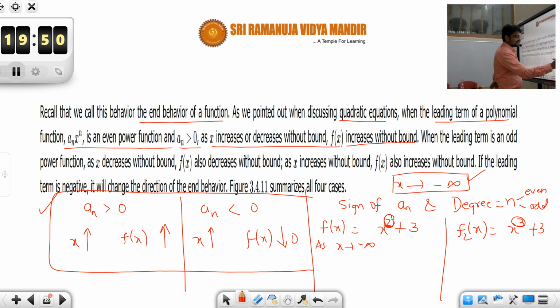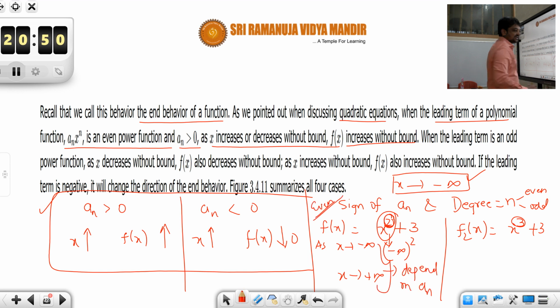So the behavior as x tends to minus infinity and x tends to plus infinity would be the same. They simply depend on the sign of an. This happens when the degree is even.